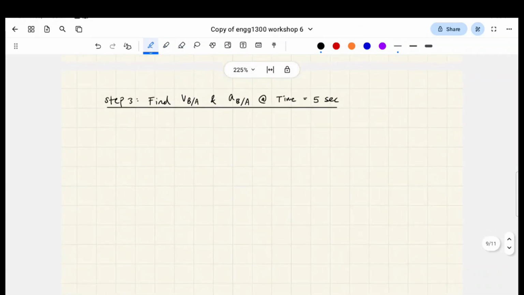So next we're going to find the velocity of B relative to A and the acceleration of B relative to A at time equals 5 seconds, which is in the question.